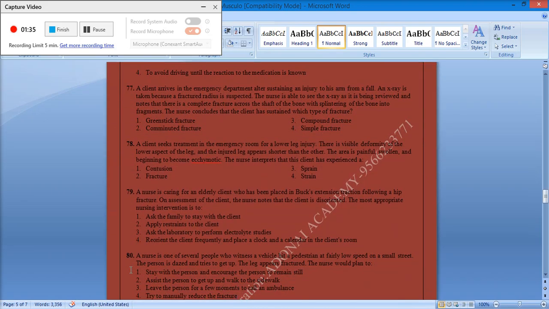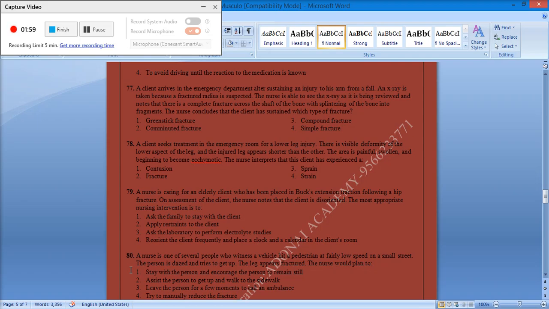77. A client arrives in the emergency department after sustaining an injury to his arm from a fall. An X-ray is taken because a fractured radius is suspected. The nurse is able to see the X-ray as it is being reviewed and notes that there is a complete fracture across the shaft of the bone with splintering of the bone into fragments.